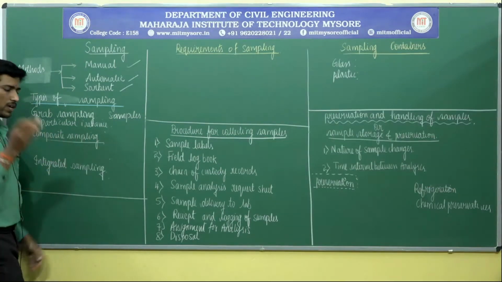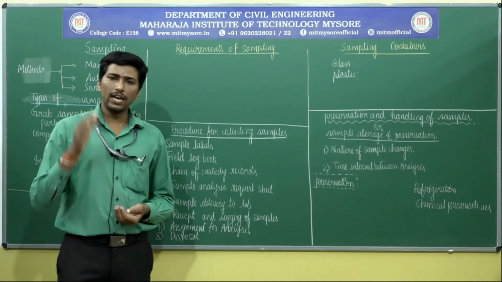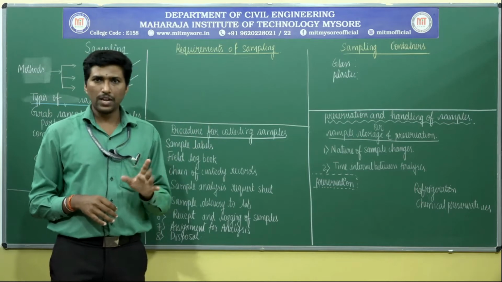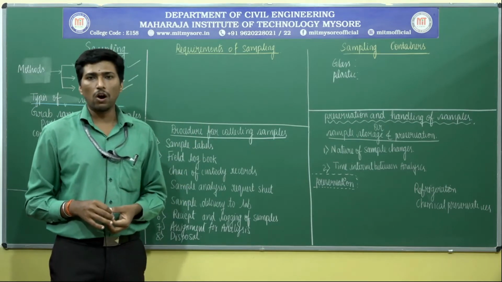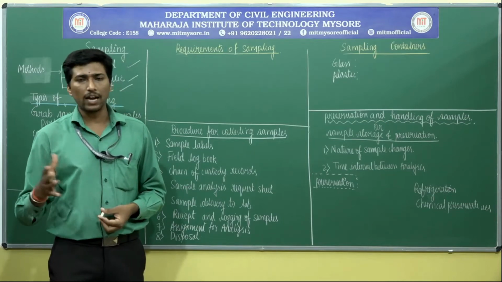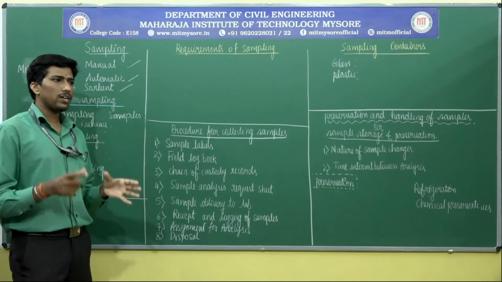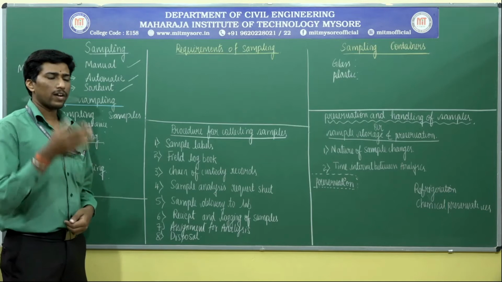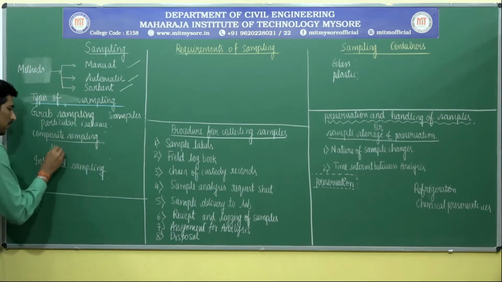For example, today at 8:30 in the morning you have taken a sample, tomorrow you have to take it at 8:30 in the morning itself, on a regular basis, whether daily, weekly or hourly. The mixture of grab samples collected over regular intervals of time we call composite sampling.